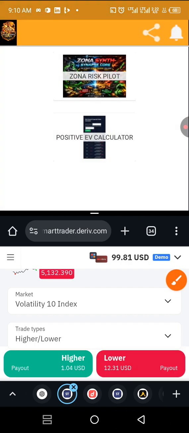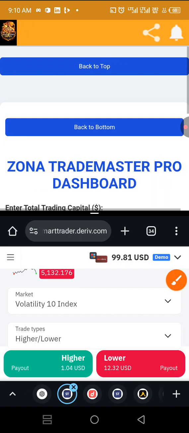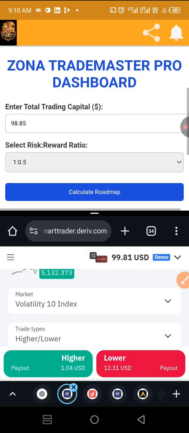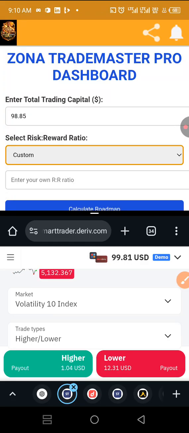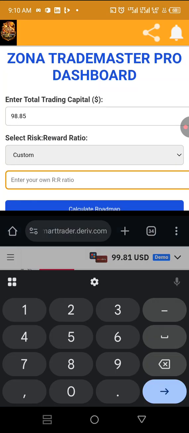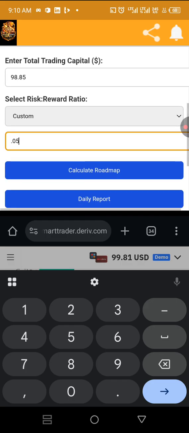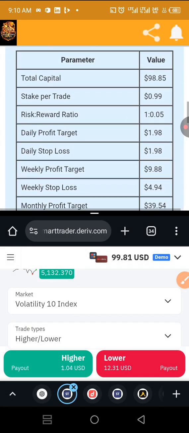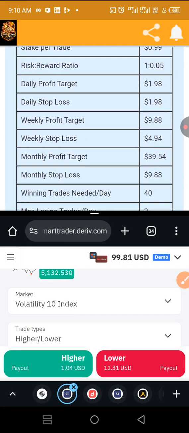Now the reason we are going to continue this 5% challenge is that if we go to our calculator, our Zonal Risk Pilot, we are going to realize that we are literally taking 1:2.